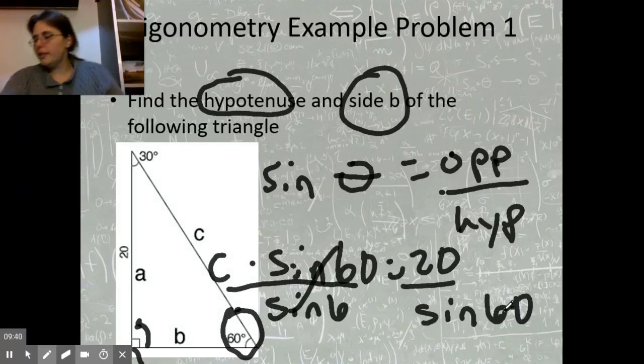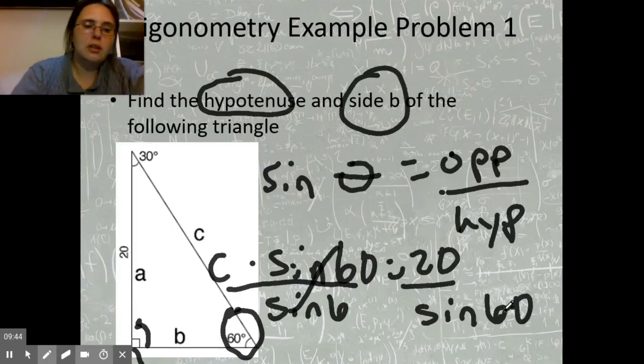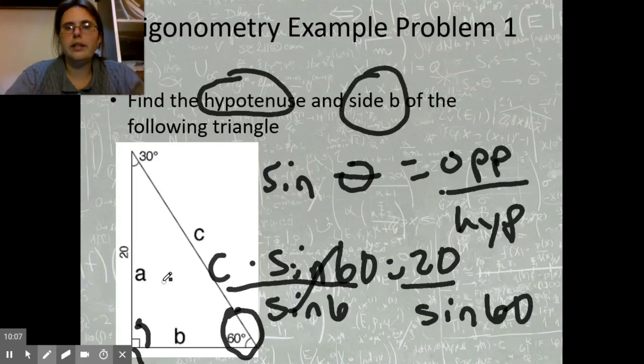So then we have 20 divided by sine 60, and we can plug that into our calculator, and that is 23.25.